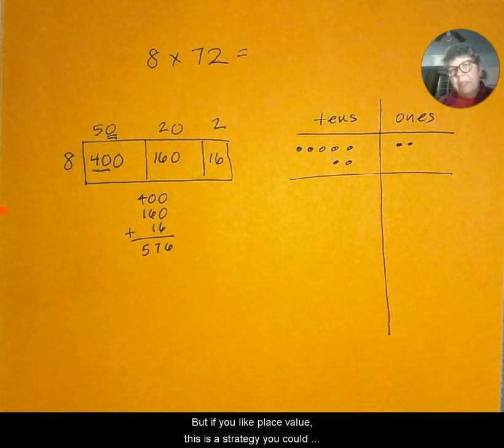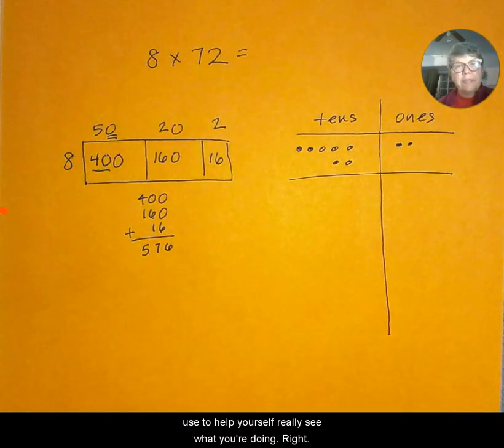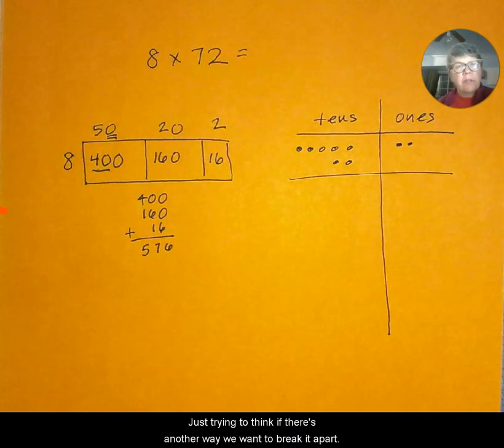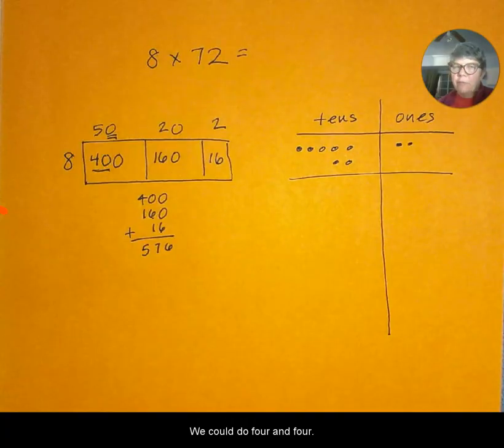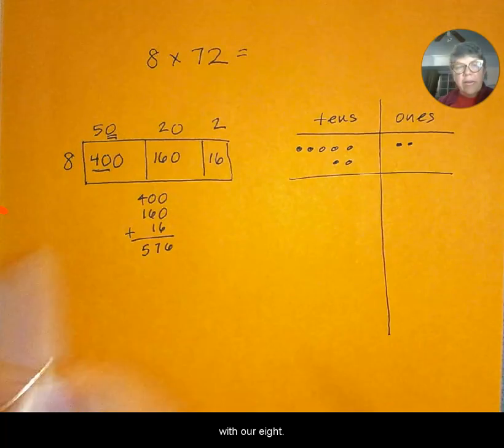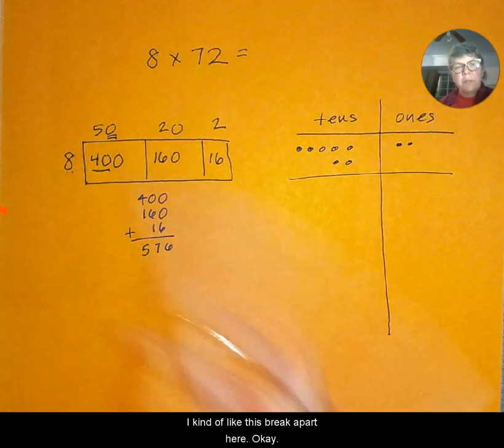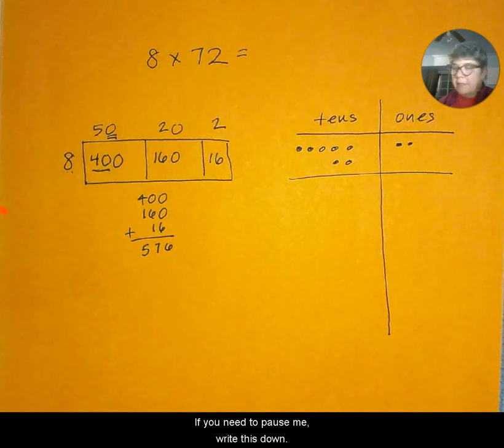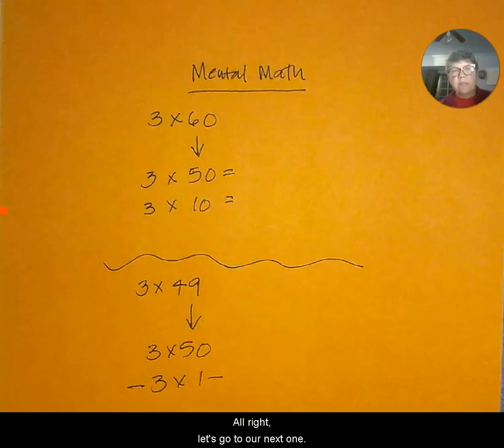But if you like place value, this is a strategy you could use to help yourself really see what you're doing, right? Okay. I'm just trying to think if there's another way we want to break it apart. We could do 4 and 4, right? And then put it all together with our 8. I kind of like this break apart here, okay? If you need to, pause me, write this down. All right, let's go to our next one.